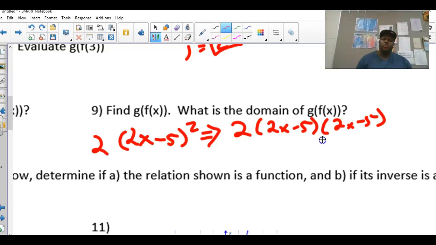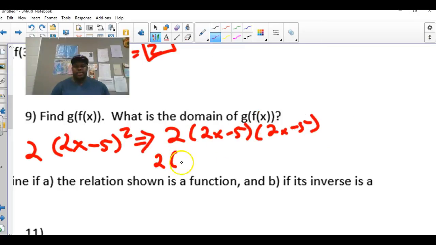So when I FOIL this, what I get is 2 times, now FOILing this part, 2x times 2x is 4x squared. 2x times negative 5 is negative 10x. Negative 5 times positive 2x is negative 10x.